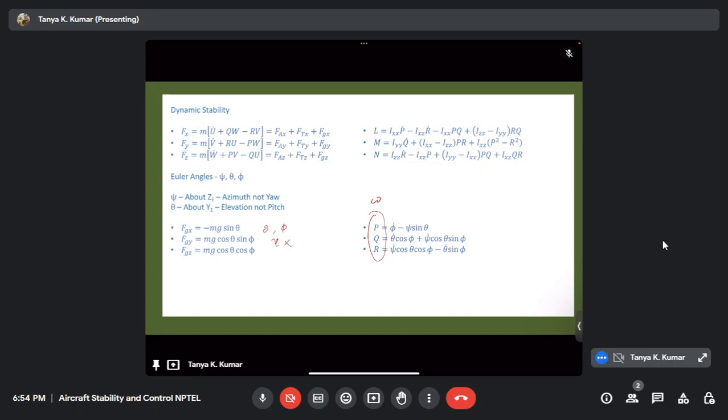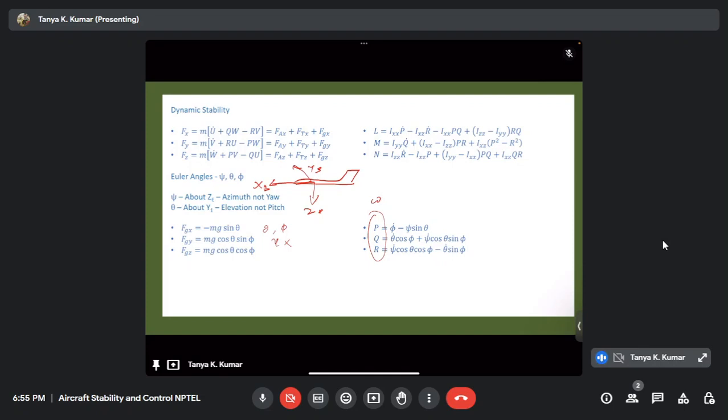If this is your aircraft and this is your xb, this is your yb and this is your zb, the weight of the aircraft is always acting vertically downward. Correct? It's not acting along zb, that was the mistake, but it's always acting vertically downward. So it will always be along that inertial z axis. Correct? Either positive or negative, but it will be along that z axis.